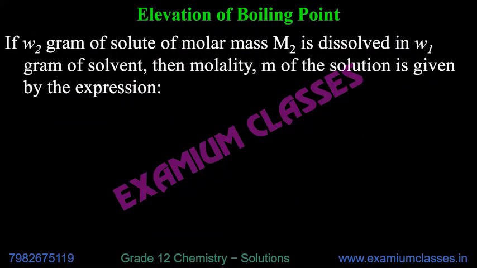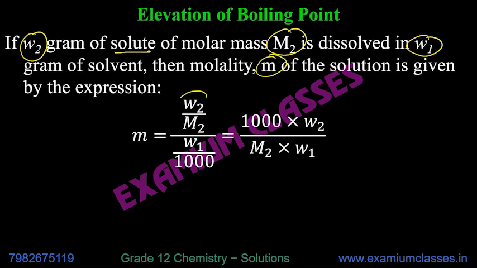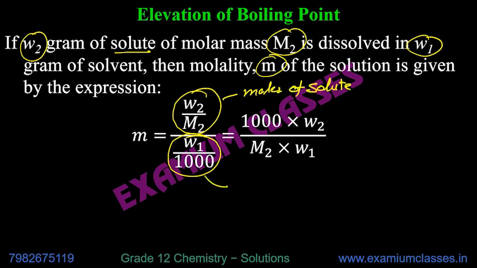If W2 gram of solute of molar mass M2 is dissolved in W1 gram of solvent, then molality m of the solution is given by number of moles of the solute divided by mass of solvent in kg. Okay, molality is moles of solute divided by mass of solvent.